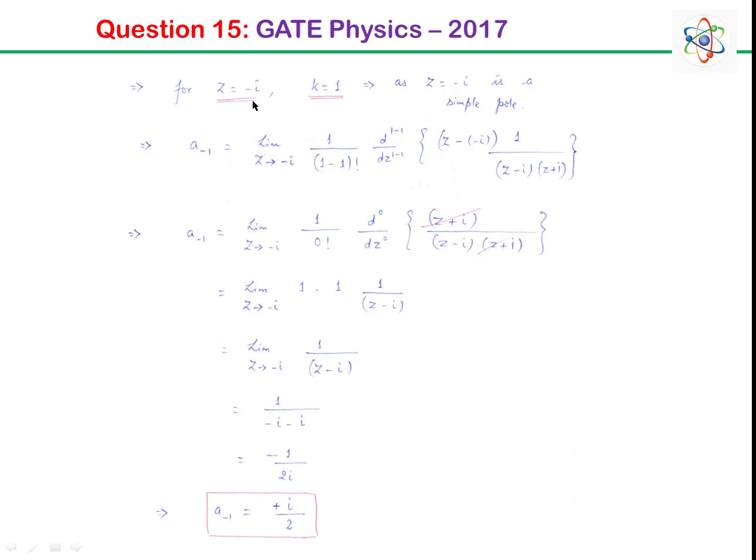Since z equals minus i is a simple pole, the k value will be equal to 1.